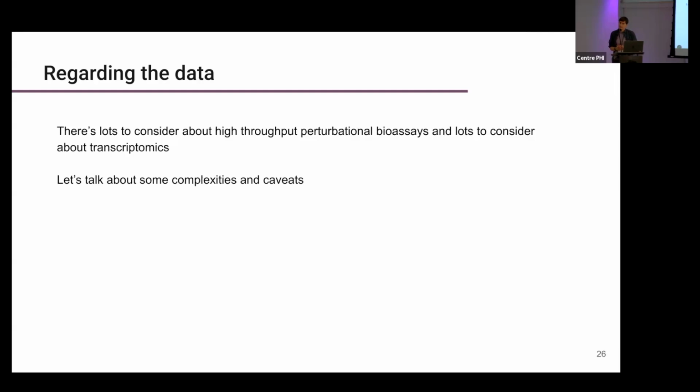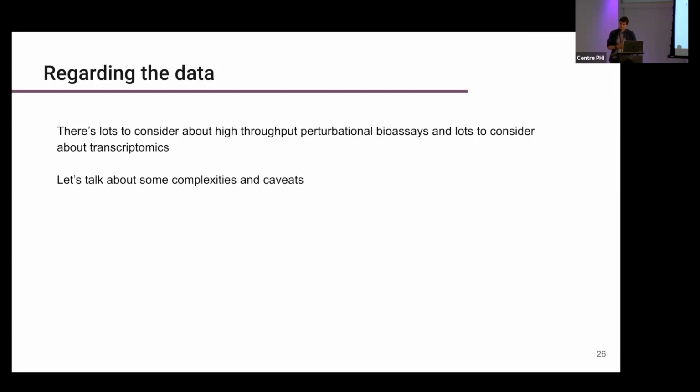Coming back to the talk this morning by Jason, where he was showing this ice cream data: if you don't take into account the season, then the more ice cream you eat, the more weight you lose. And if you take into account the season, then you realize it's the complete opposite effect.